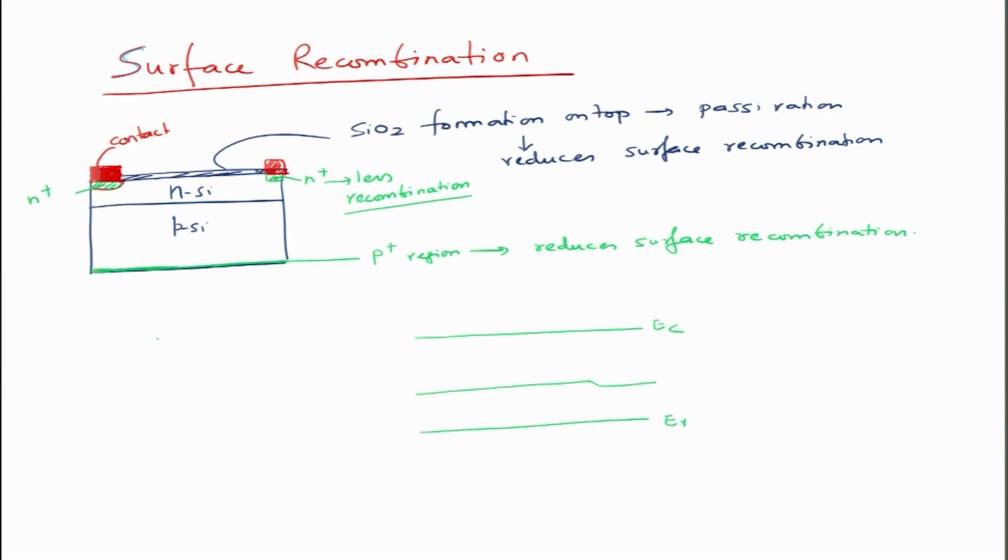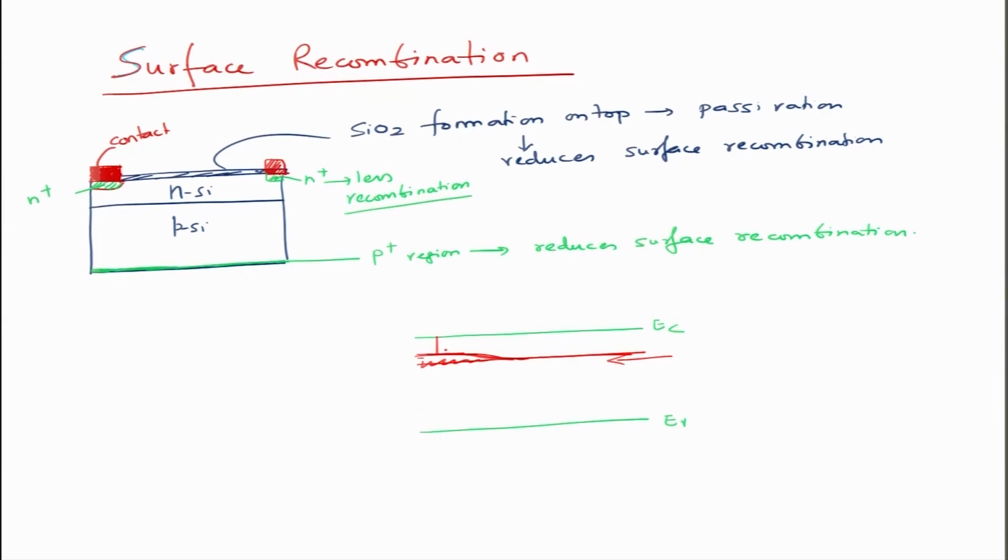If you look at the N side, I think it is more clear from the N side. Let us say this is the uniform Fermi level, but if you raise the Fermi level a little bit here, and the carrier is coming from this side, if this Fermi level is higher as compared to the Fermi level somewhere else, the carrier will face a little bit of barrier.